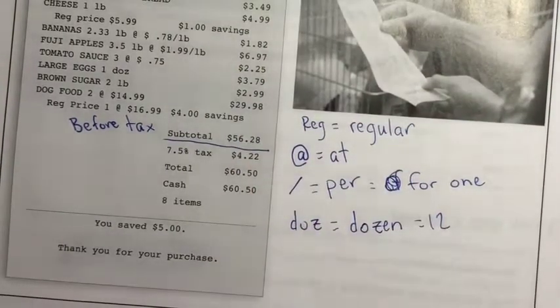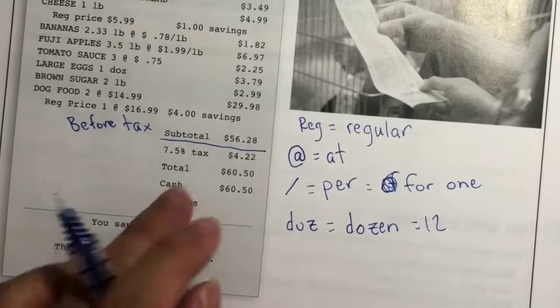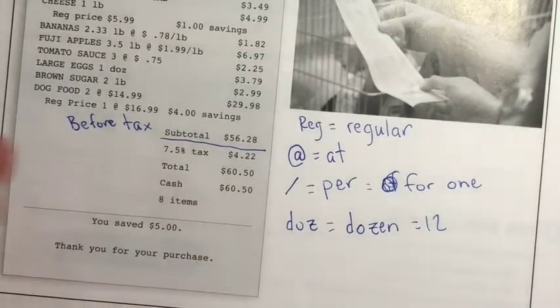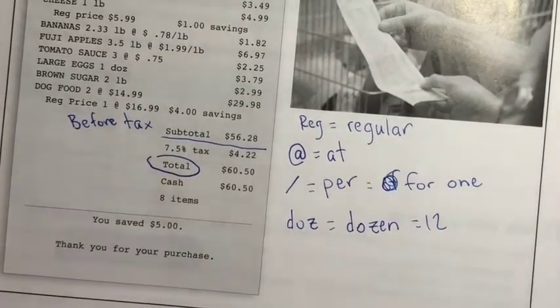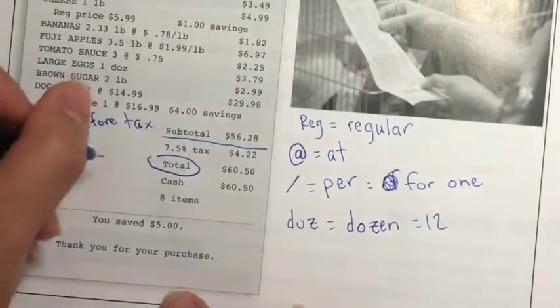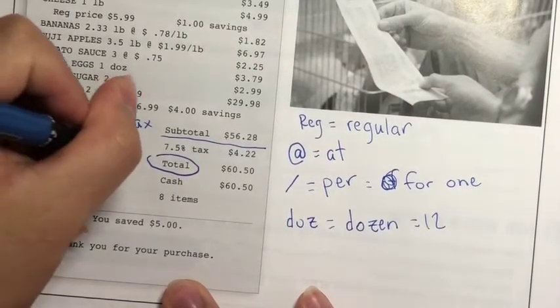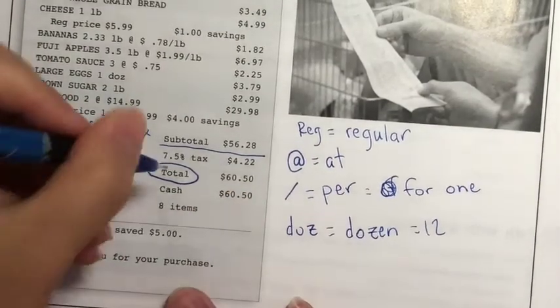I don't know why. It makes things harder to count because you don't know how much money you need. But here we have a 7.5% tax. So the total, this is how much money you actually need to pay. So the total is after tax. The total is $60.50.